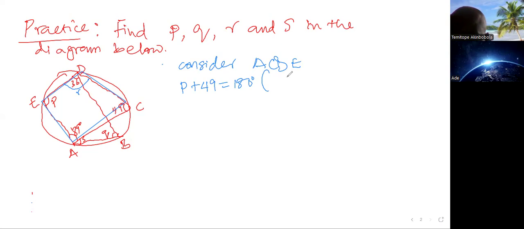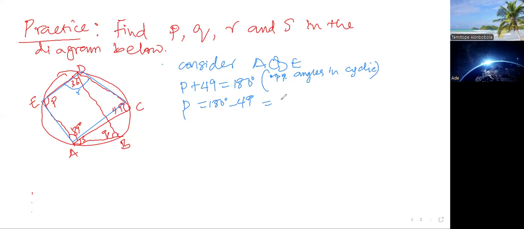The theorem is opposite angles in a cyclic quadrilateral sum to 180. You get that now. So P will now be 180 minus 49. And that gives what?